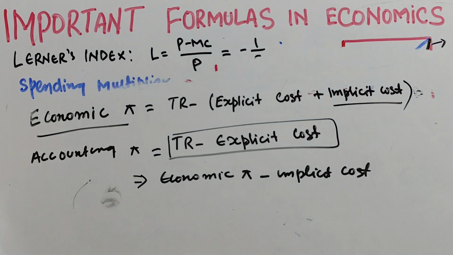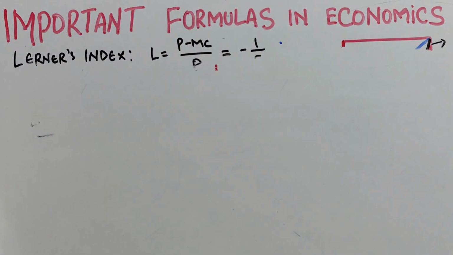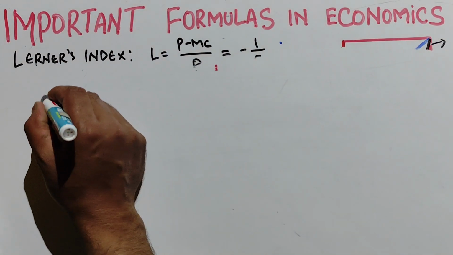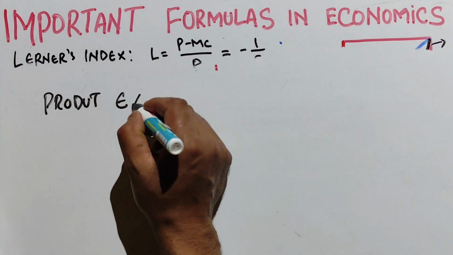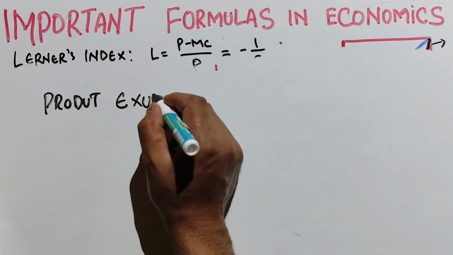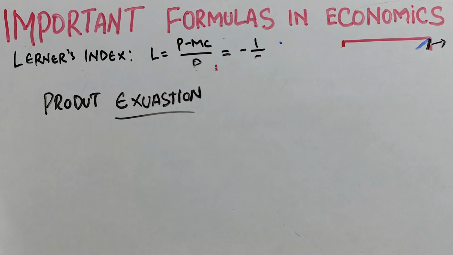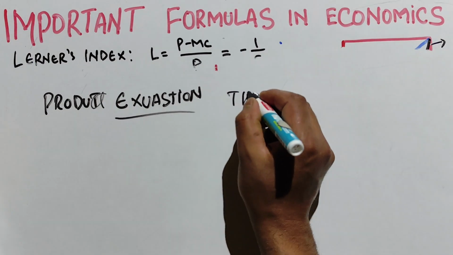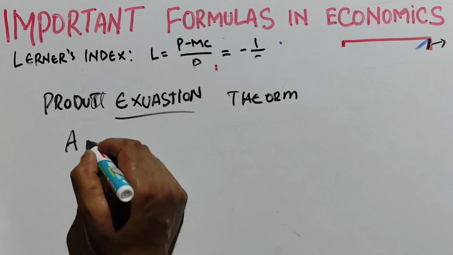Then we have another one, and let me write it here. It is not actually a formula, that is the product exhaustion theorem, or we also call it the adding up theorem.